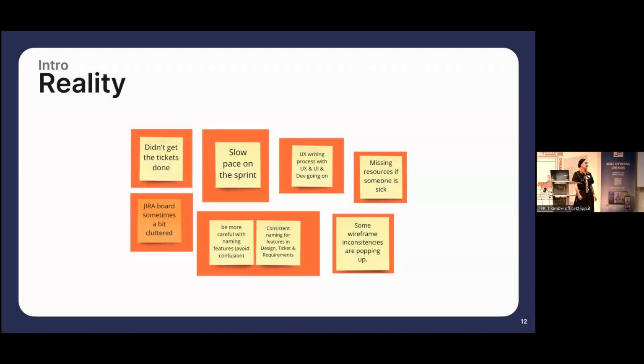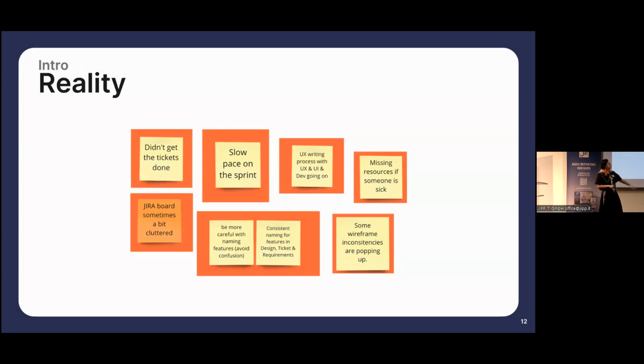Please work, yes. Here are some of our sticky notes from when we started. Oh, I think they're hard to read, but I'm going to read out some of them. So when we started integrating this agile process, we did retrospectives and postmortems. And what we found were there were a lot of problems with designing agile. So you see slow pace on the sprint, didn't get the tickets done, Jira board sometimes a bit cluttered.